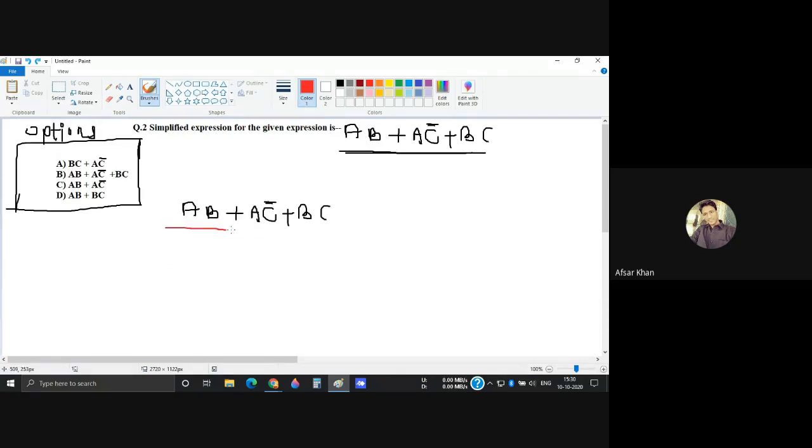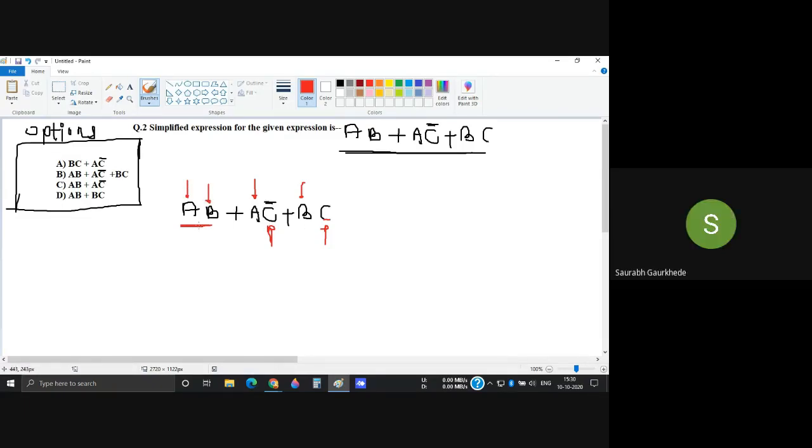If in any expression we have complements, it is C and C bar, and with this complement, in the first term we have A, in the second term we have B, and in the next term we have both A and B, students, yes or no? Yes, sir.